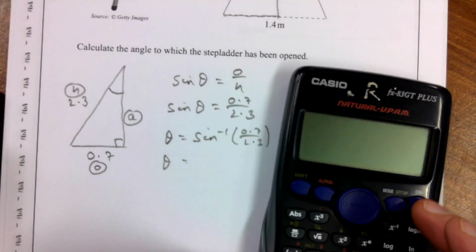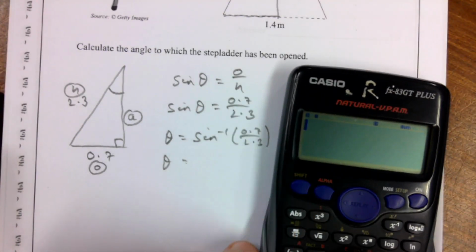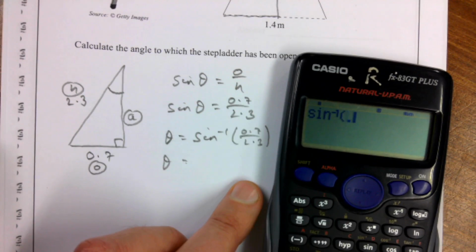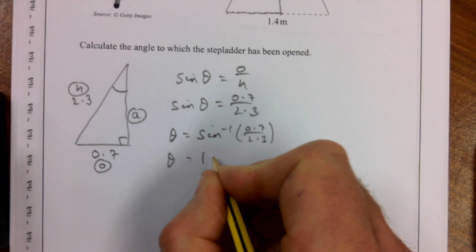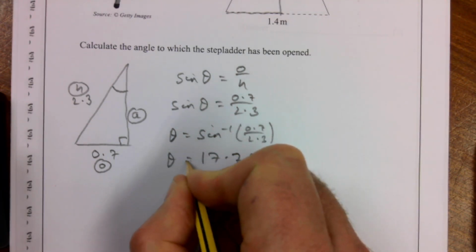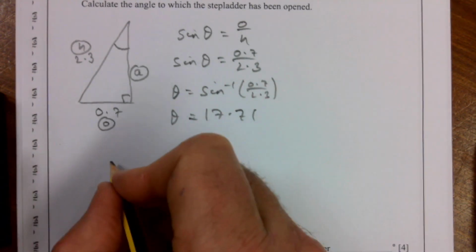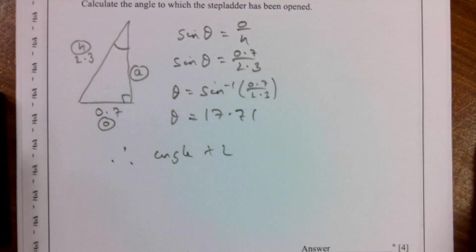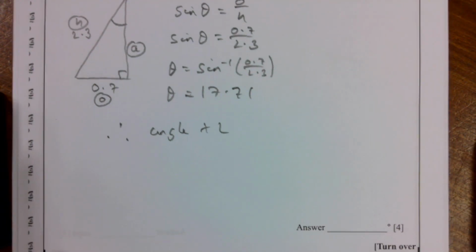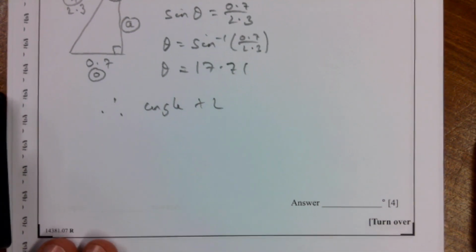You can just have an x there, but that's okay. So shift sine 0.7 divided by 2.3, and that gives me 17.71. And then therefore the angle is times by 2. So I'm going to just times that by 2 on my calculator, and I get 35.44.